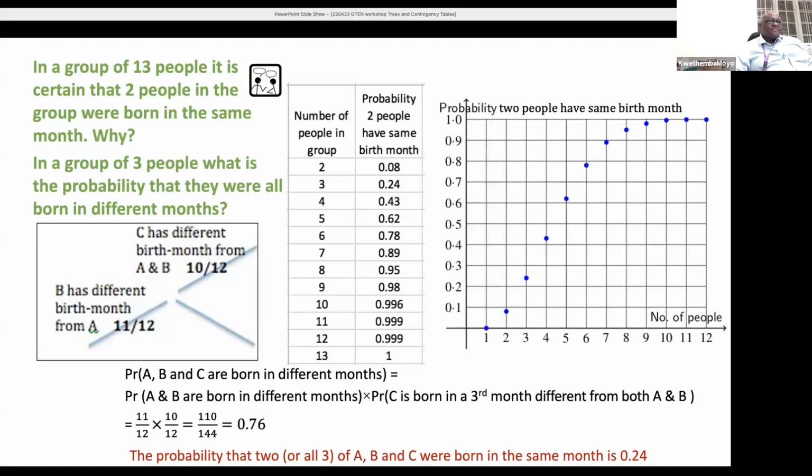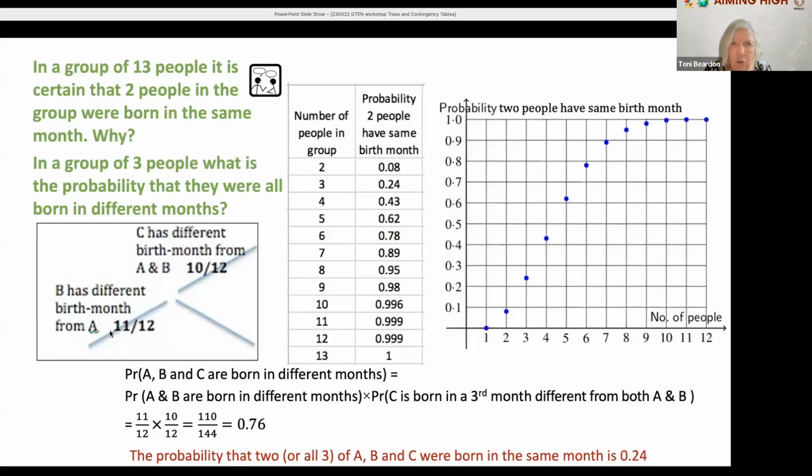For 3 people, the little bit of the tree diagram shows you, and the 0.24 there is in the table, which was produced by the spreadsheet and plotted here, for 3 people, 0.24. Okay, so how do we get the next one?